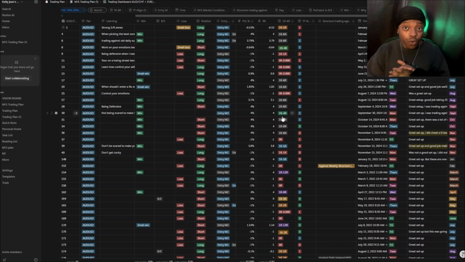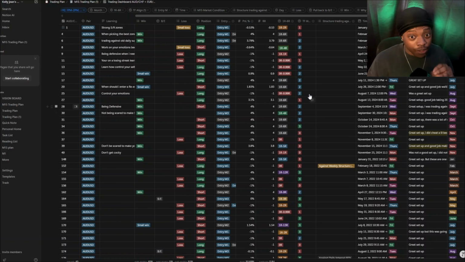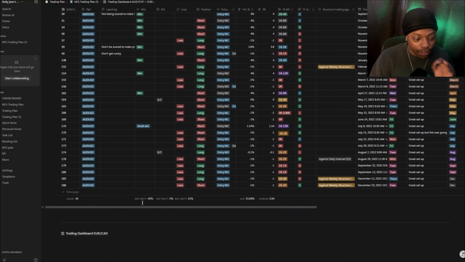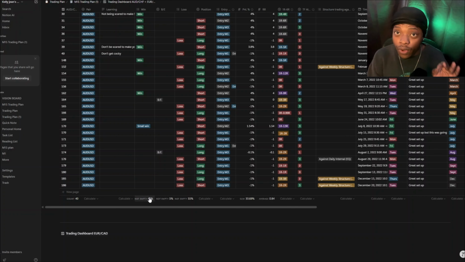Now, if you were to do this with your journaling, find out what time works best with the pair that you're trading, or find out what pair works best for you. You can increase your win rate like this. This is a 40% win rate.